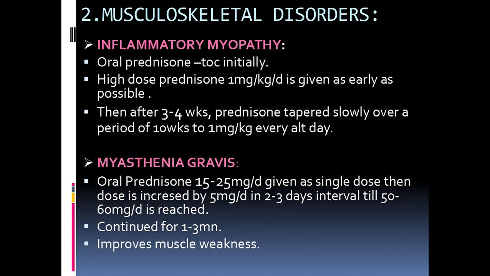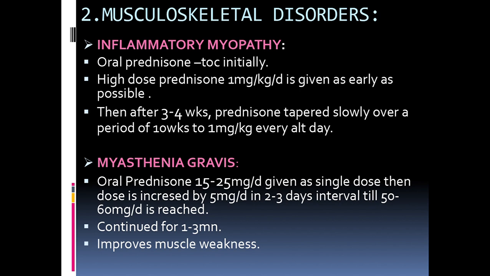Then musculoskeletal disorders. Inflammatory myopathy, oral prednisone is the treatment of choice initially. High dose prednisone 1 mg per kg per day is given as early as possible. Then after 3 to 4 weeks, prednisone tapered slowly over a period of 10 weeks to 1 mg per kg every alternate day.